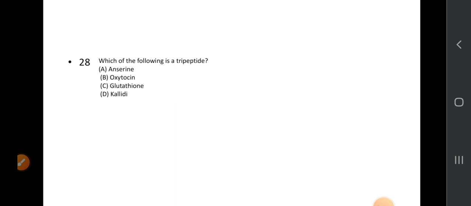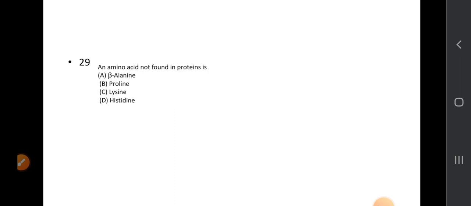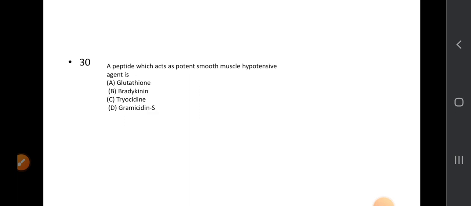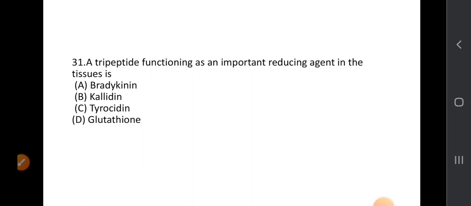Again pause the video and write your answer. 29th question is an amino acid not found in proteins is beta-alanine, proline, lysine, or histidine. 30th question says a peptide which acts as potent smooth muscle hypotensive agent is glutathione, bradykinin, tyrocidin, or gamma-glutamyl cysteine. 31st question says a tripeptide functioning as an important reducing agent in tissues is bradykinin, Kallidin, tyrocidin, or glutathione.